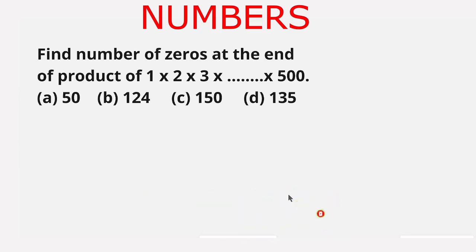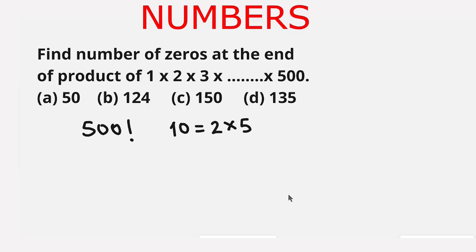The product of 1, 2 and up to 500 is nothing else but 500 factorial. And we have to find the power of 10 in 500 factorial. 10 is not a prime number, so we will take the factors of 10, which are 2 and 5, and we will find the power of 5 in 500 factorial, as the power of 2 will be more than the power of 5 in 500 factorial, and we have to have an equal number of powers of 2 and 5.